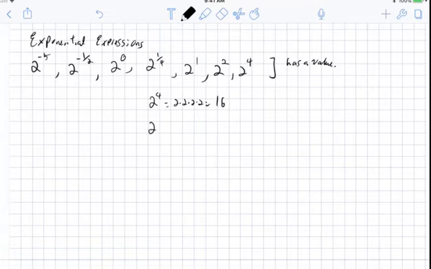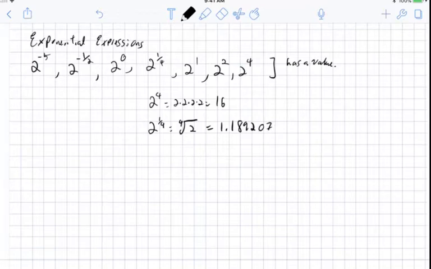2 to the 1/4, that's equivalent to the 4th root of 2. Let me take that on my calculator, that's the 4th root of 2, which is apparently 1.189207.